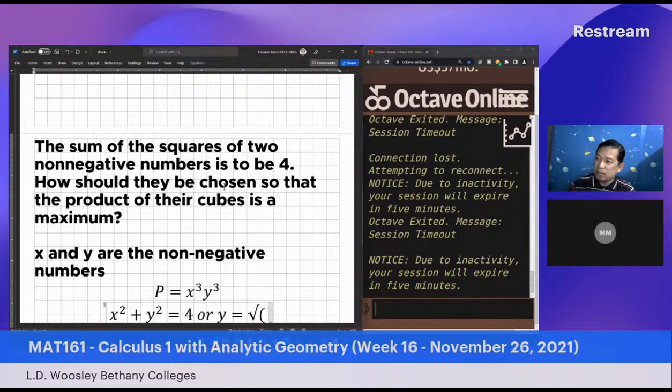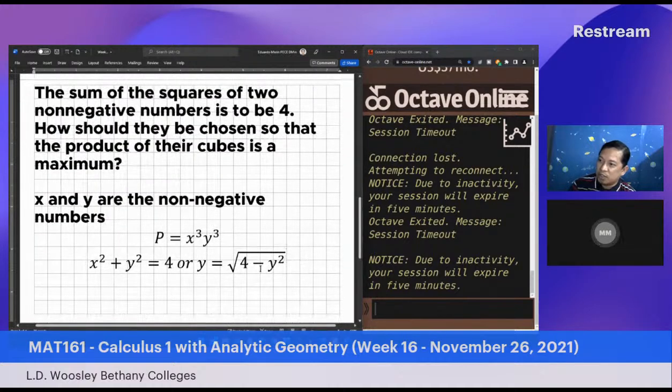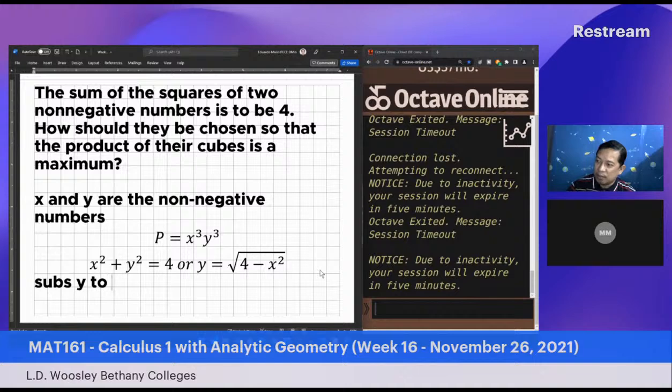Siguro lalagyan ko na ng parenthesis to, square root of 4 minus x squared. Okay, all right. So afterwards, of course, we could eliminate that. Ngayon, sige. I will allow you to substitute. X squared pala to, sorry. So from here, we could get the values to substitute y into the first equation. Of course, this would be your first equation here.